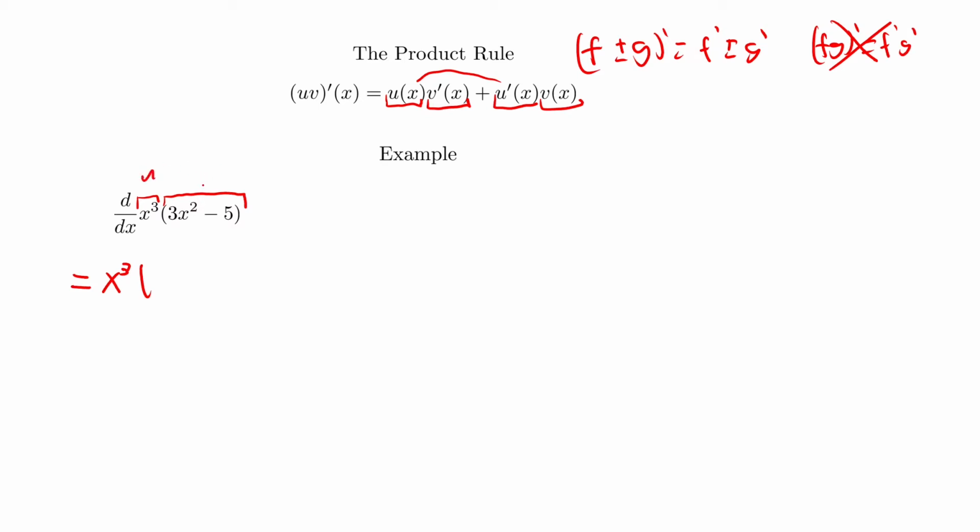So this is like our u and this is our v. The derivative of the second function is just going to be 6x. And then I'm going to say plus, and we're going to do the reverse. We're going to take the derivative of the x cubed, which is going to be 3x squared, and then we're going to just copy this second function down right here.